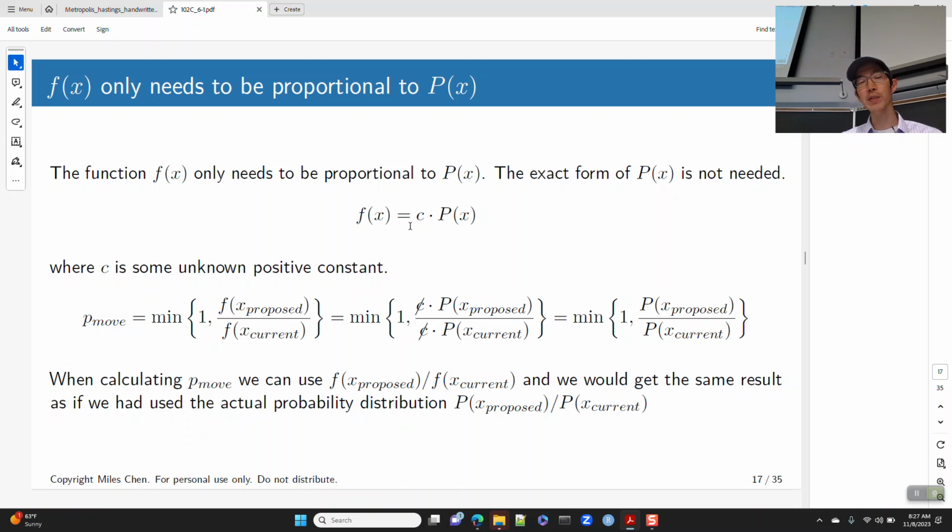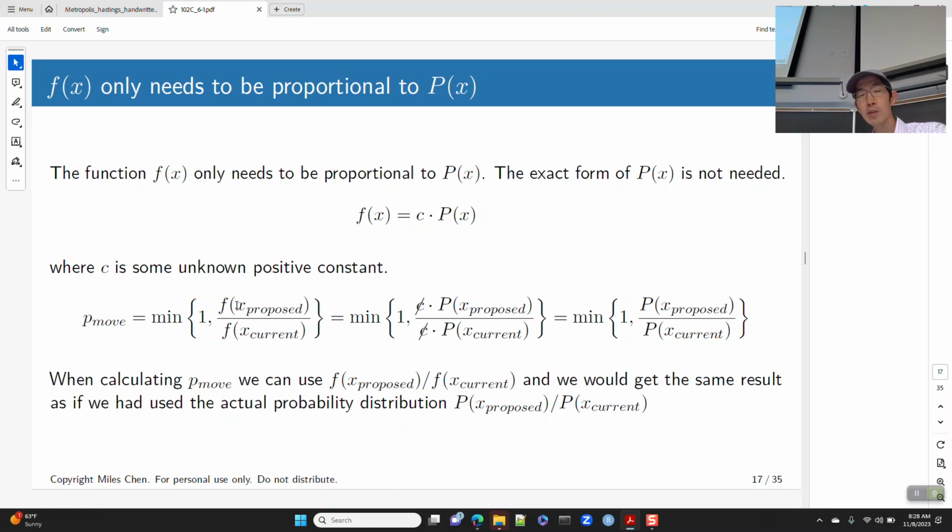So if we say f of x is equal to c times p of x, where c is some unknown positive constant, then the probability of moving somewhere is going to be the minimum between 1 and f of x proposed divided by f of x current.